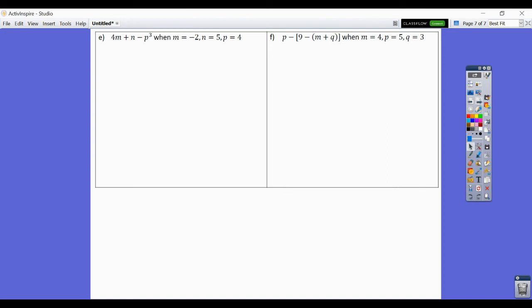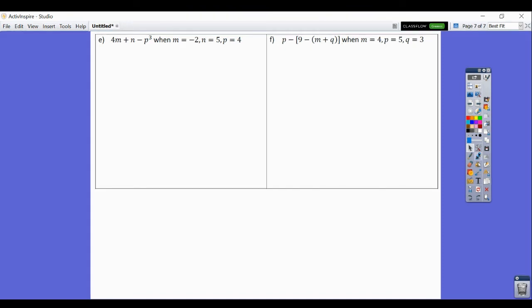Next example, we have 4m plus n minus p cubed. We go ahead and have three variables here, so make sure to plug them into the right position. M goes into the place of m, n goes into the place of n, and p goes into the place of p there.